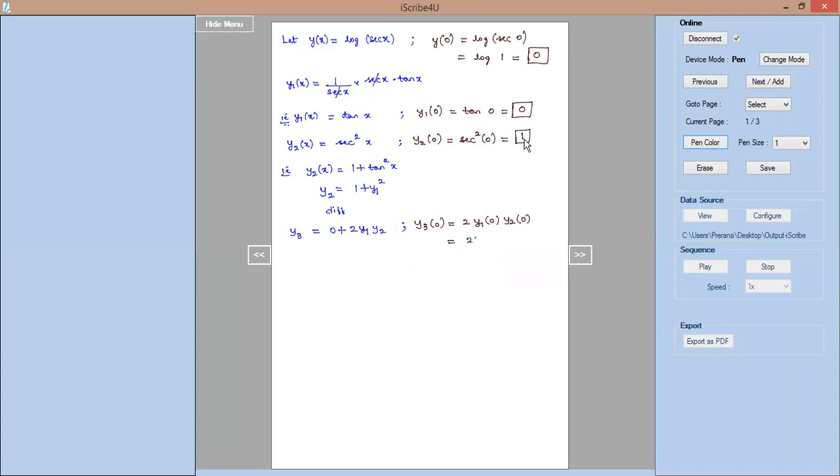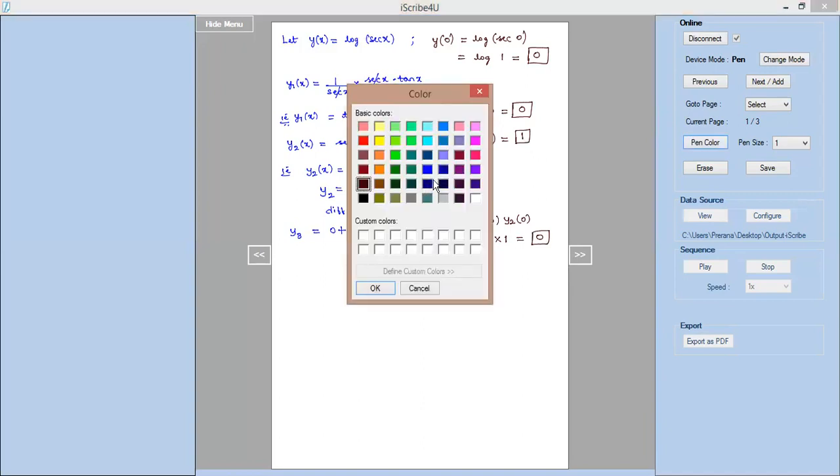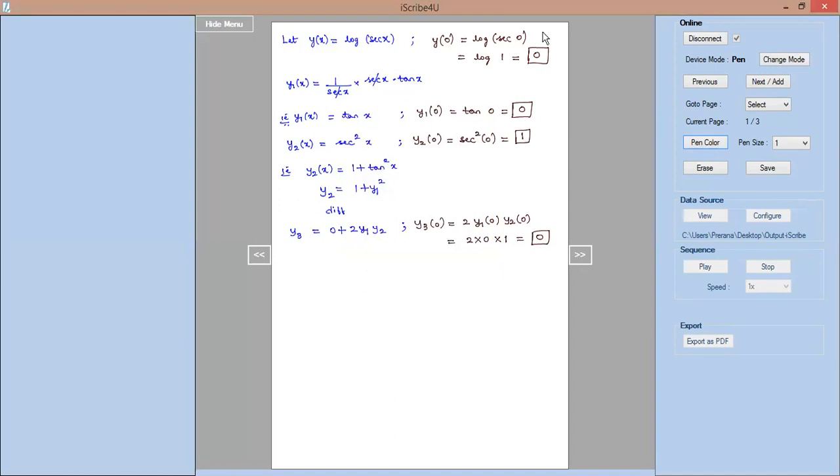So we have 2 into 0 into 1, which gives us 0 after doing the product. 0 multiplied with any number gives us 0 back. So we have y3 equal to 0.